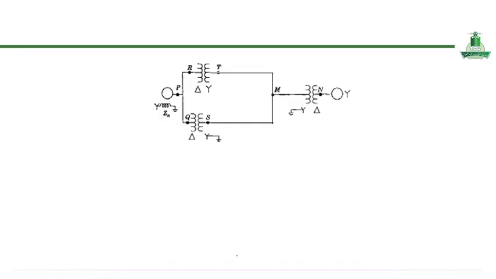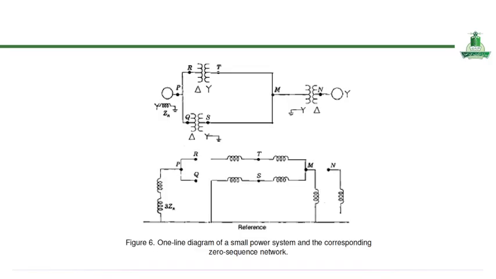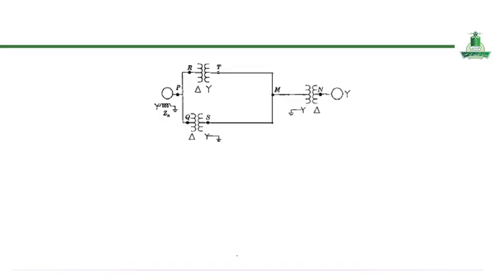In the upper part of the figure, the physical system is shown, including generators, transformers with different winding configurations, delta-star and Y-star, Y-star transmission lines, and grounding through an impedance ZN.